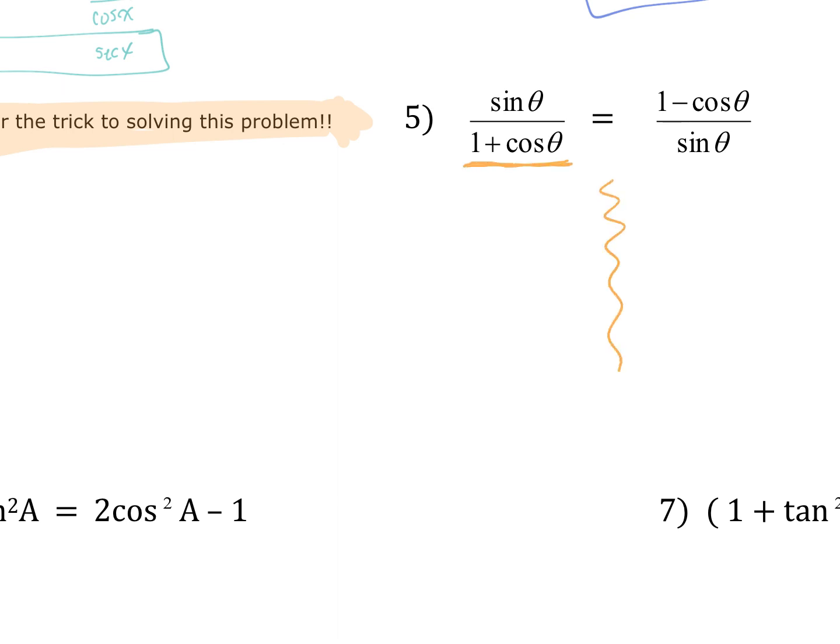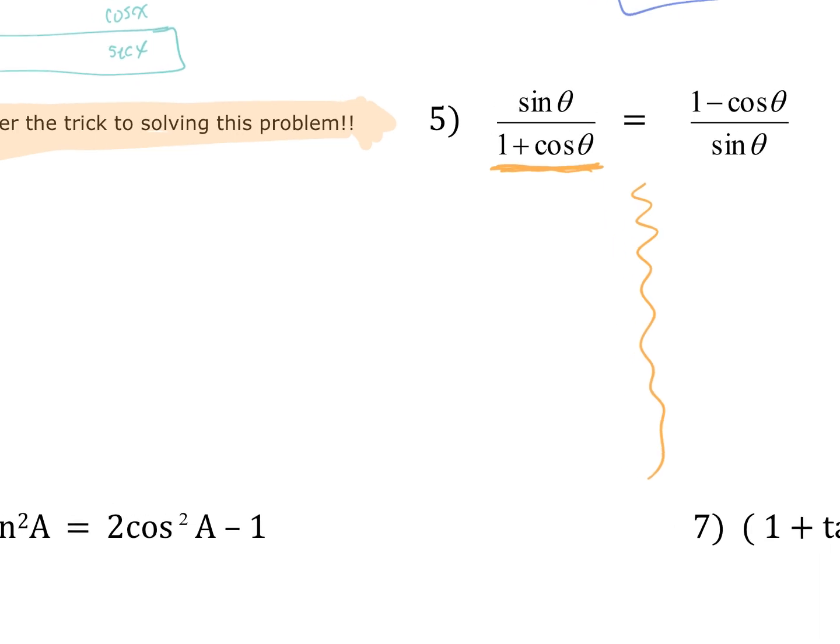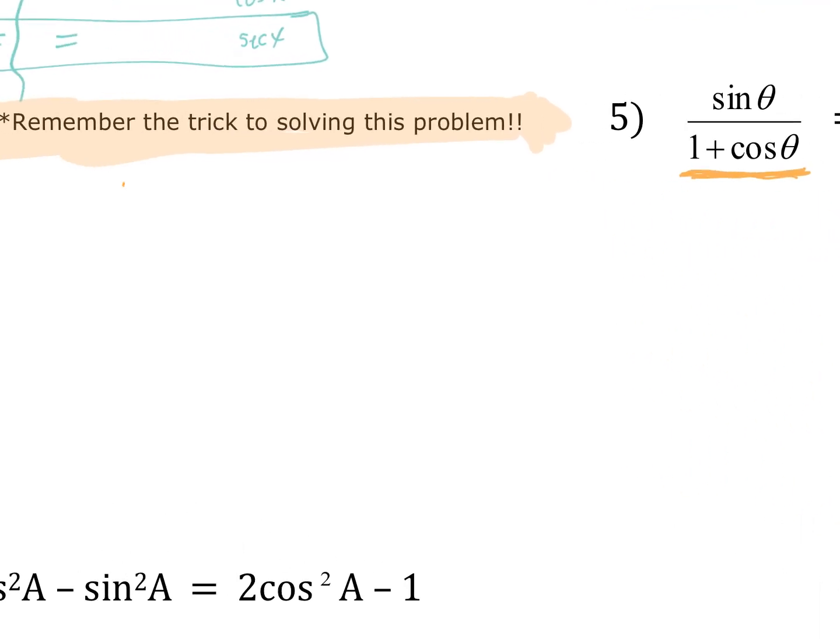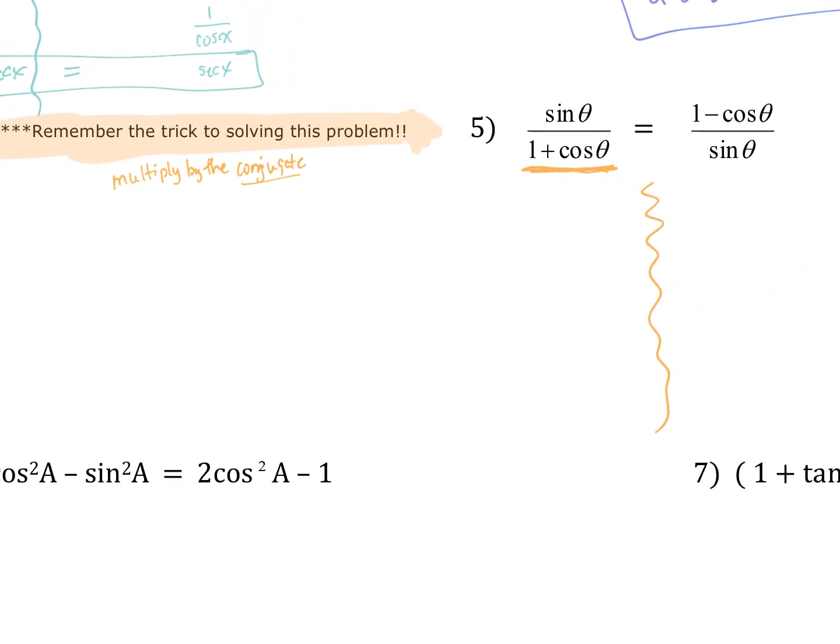So we are going to work on this left-hand side, and we are noticing that it looks like a proportion, and we have this 1 plus cosine theta. So the trick is to remember to multiply by the conjugate. You have these two terms here, this 1 plus cosine theta, and you have to remember what the conjugate is too.